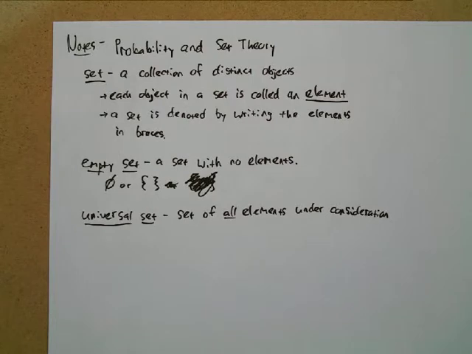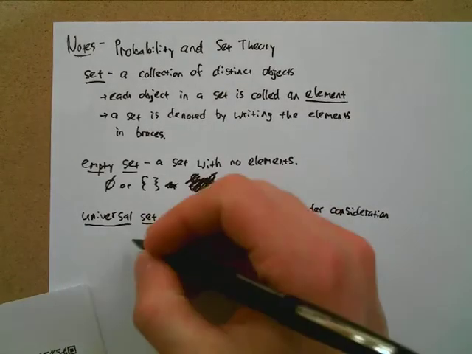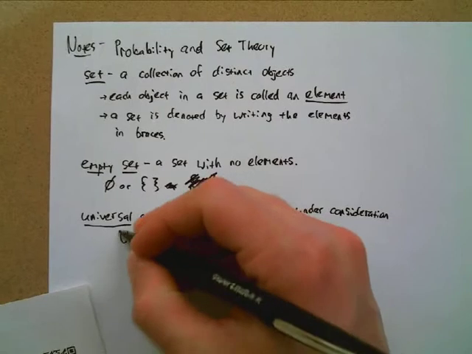For example, we could talk about the universal set of the integers, but a smaller set inside of that would be the even numbers. The even numbers are a smaller subset of all the integers, all the positive and negative numbers. We can just talk about the even numbers there. And the universal set is denoted as a capital U.